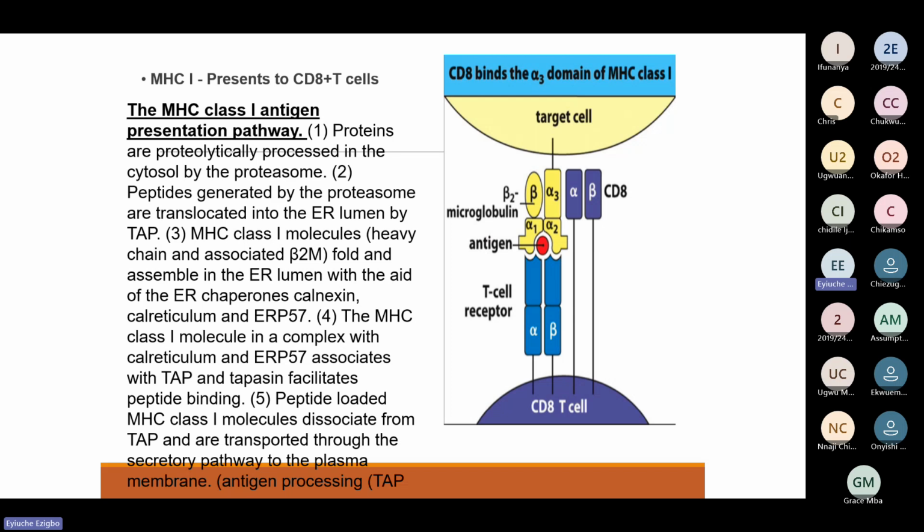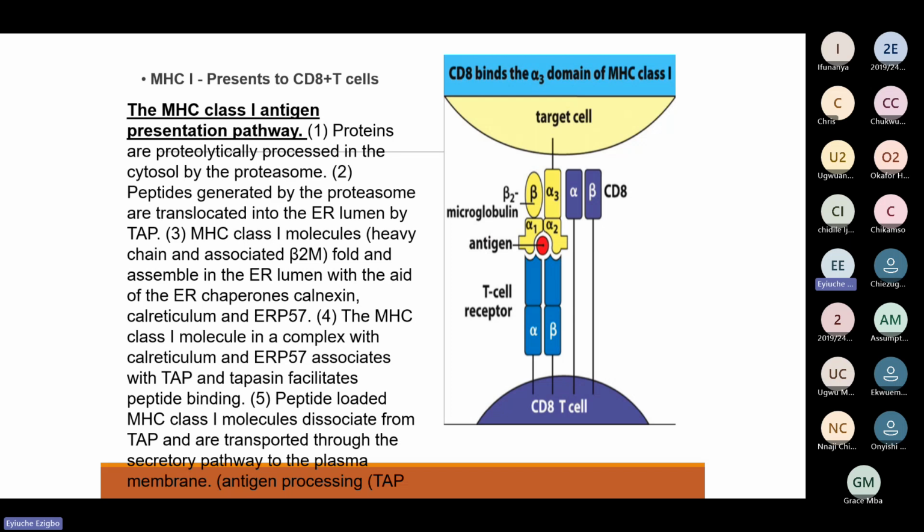The MHC class 1 molecules in a complex with calreticulin and ERp57 associate with TAP, and tapasin facilitates peptide binding. Peptide-loaded MHC class 1 molecules dissociate from TAP and are transported through the secretory pathway to the plasma membrane.